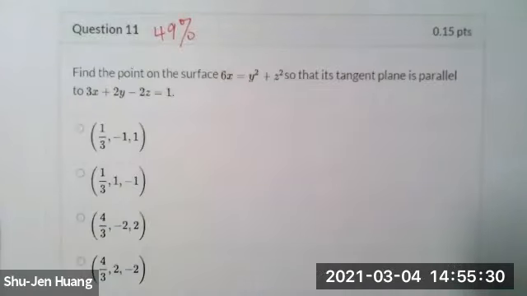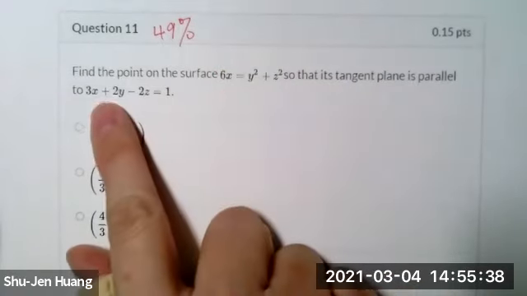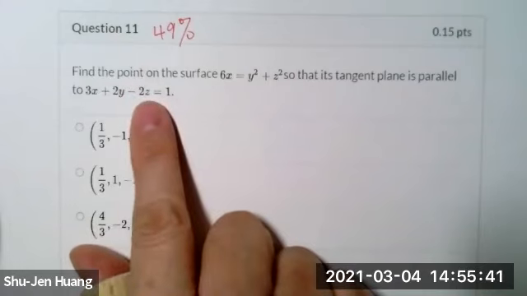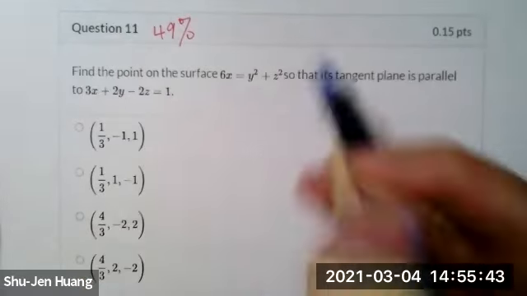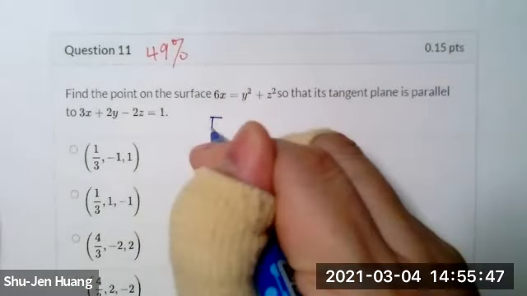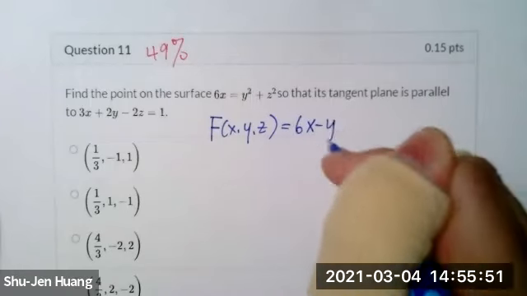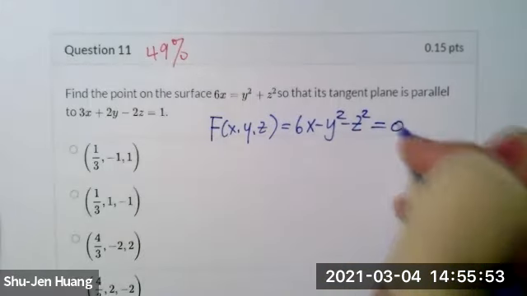All right. Now, question 11. We want to find the point on the surface so that the tangent plane is parallel to the other plane here. So for this surface, we can write this as an implicit equation, 6x minus y squared minus z squared equal to 0.